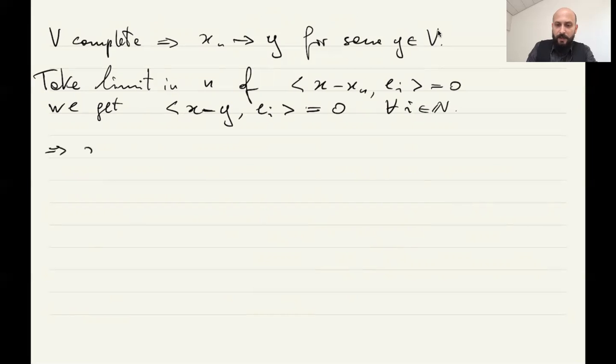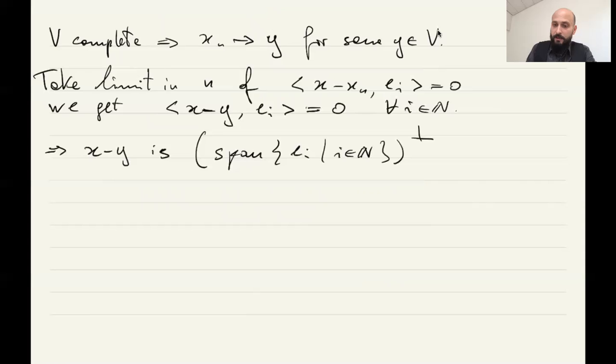Which means that x minus y is orthogonal to the span of e_i, i in N. So it's in the orthogonal complement, and since this span is dense, the orthogonal of the span coincides with V orthogonal.